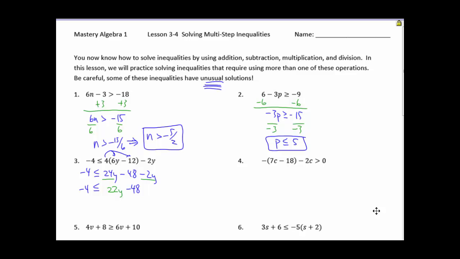Okay, we need to get the y by itself. It's attached to a 22, but we also have that negative 48. So let's add 48 over to the other side. 48 minus 4 gives us 44, and then we have less than or equal to 22y. So all that's left now is we take the 22y and divide both sides by 22.